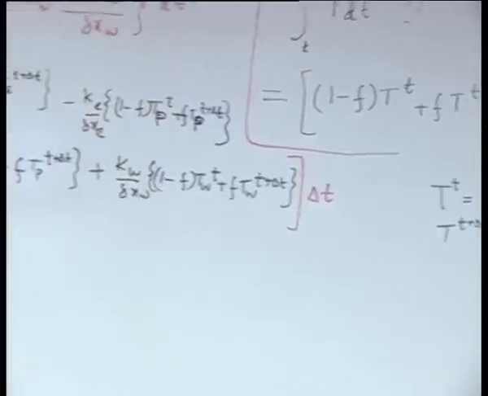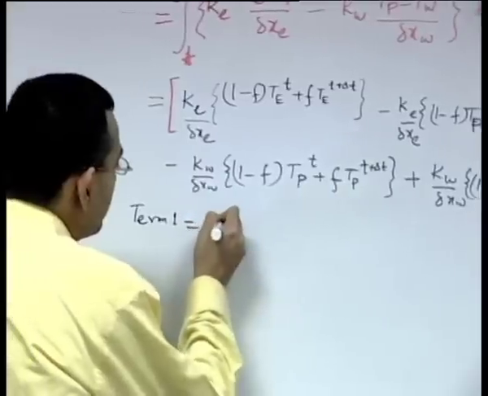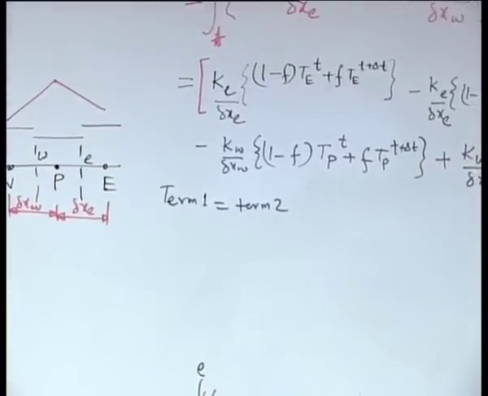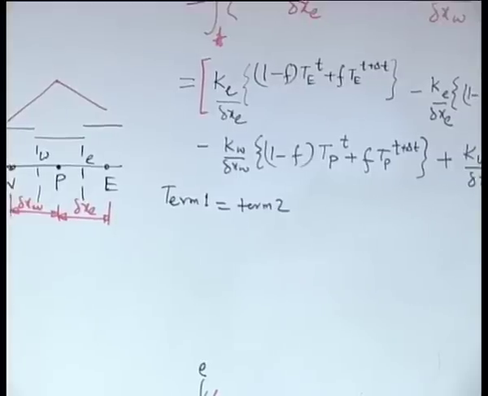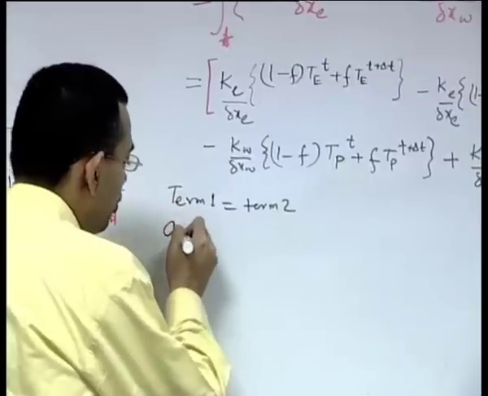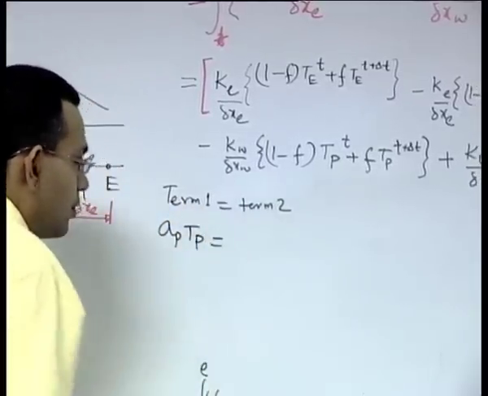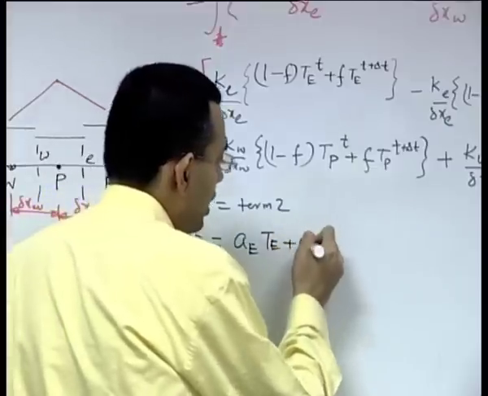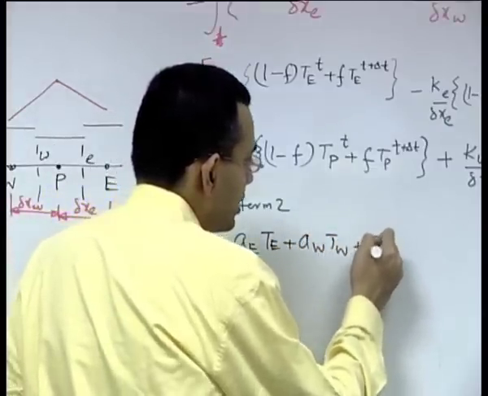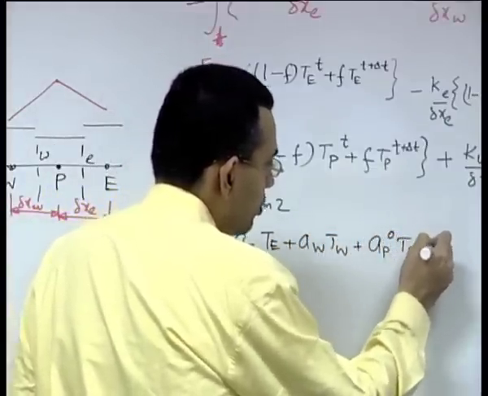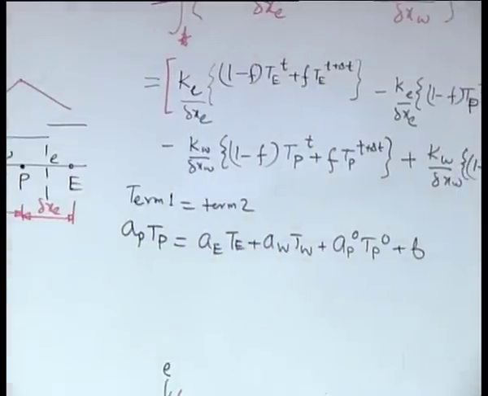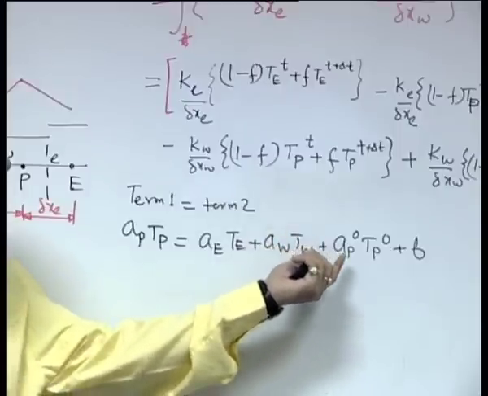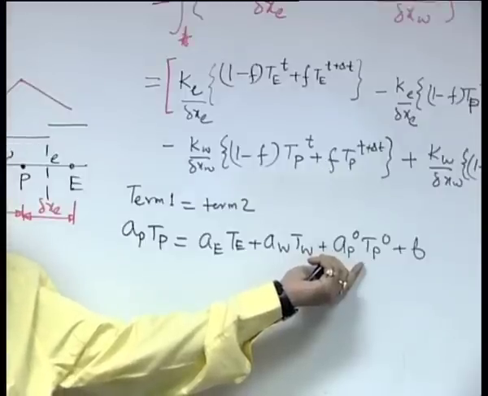So, if you have term 1 equal to term 2, then we have AP into TP is equal to AE into TE plus AW into TW plus AP0 into TP0 plus B. Let us complete the evaluation of these coefficients and then we will see what are the implications of this new coefficient AP0 which has appeared.